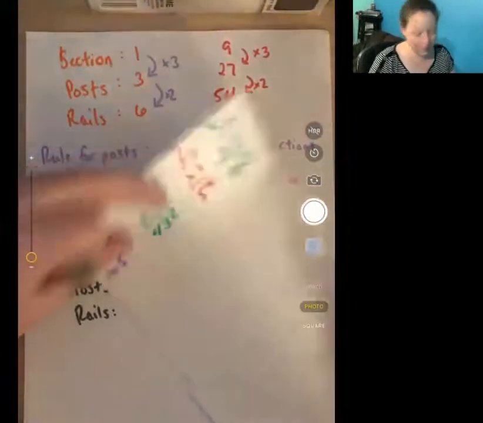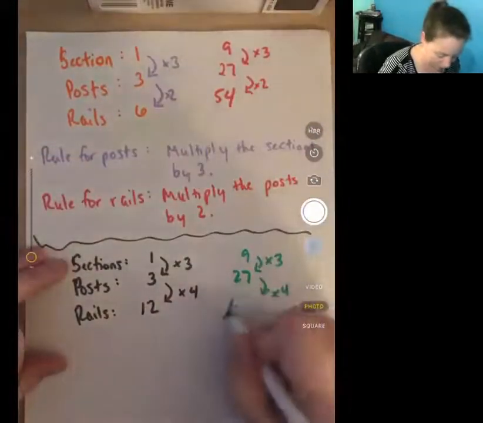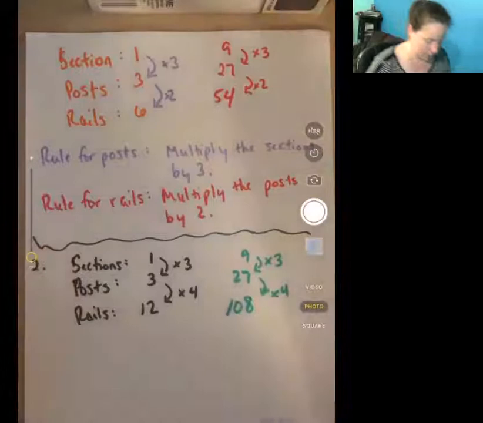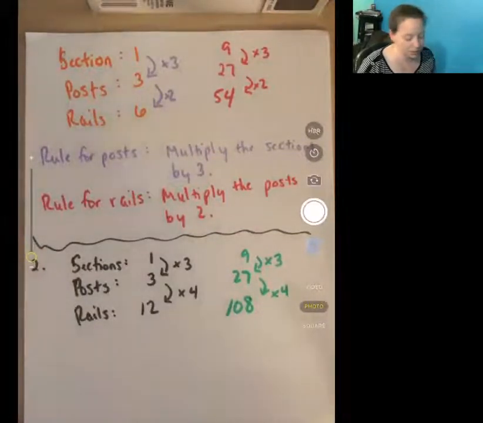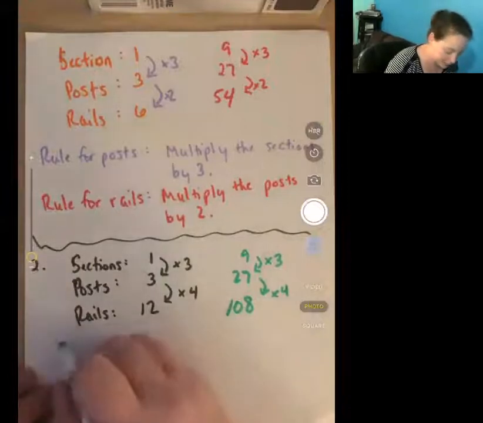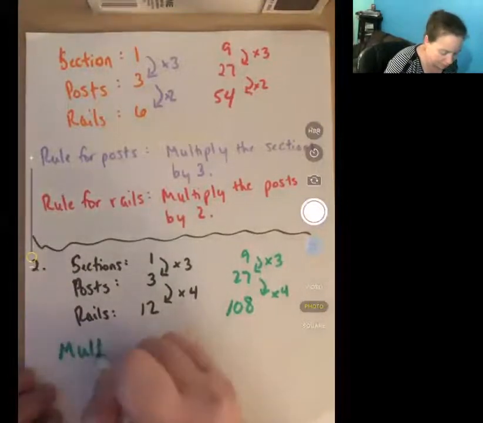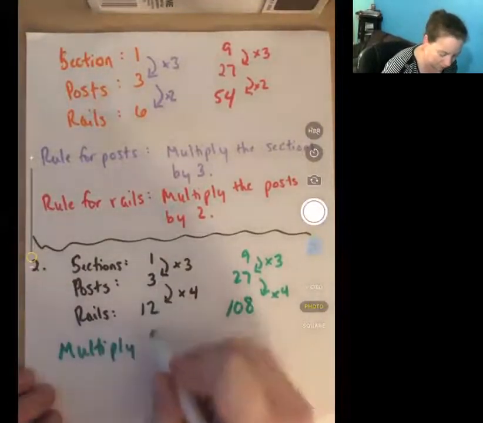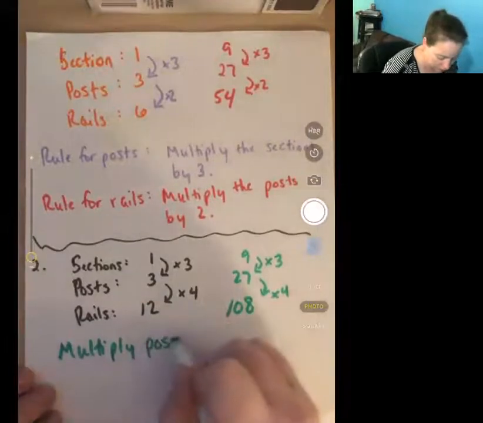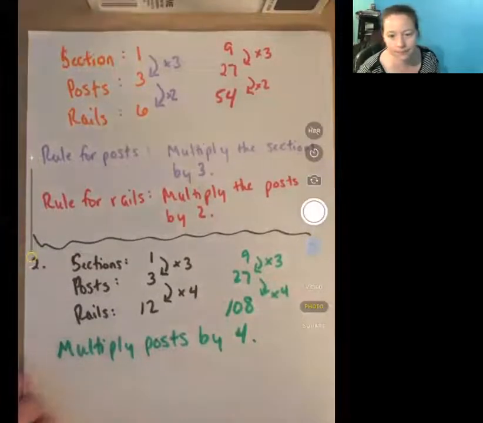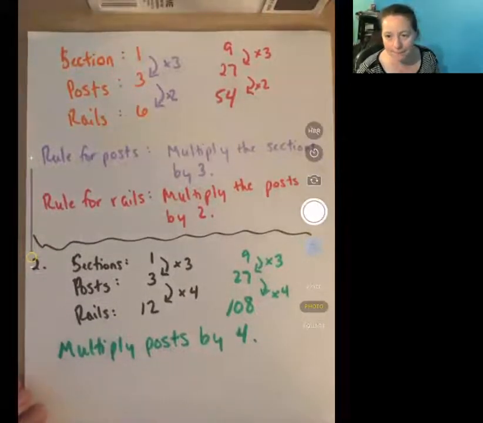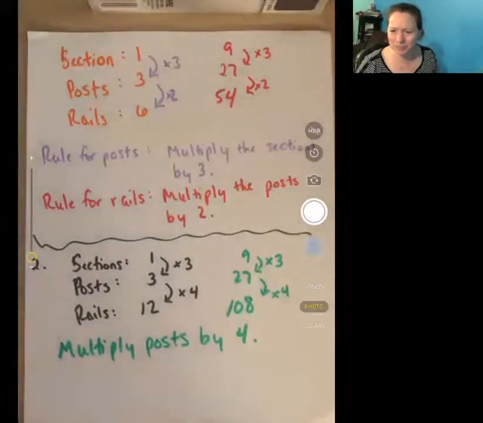So 108. So I would end up with 108 rails, and my possible rule is multiply posts by 4. Okay? Is this making sense to you?